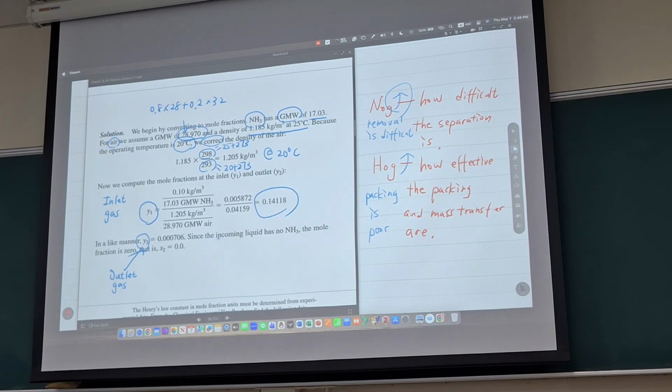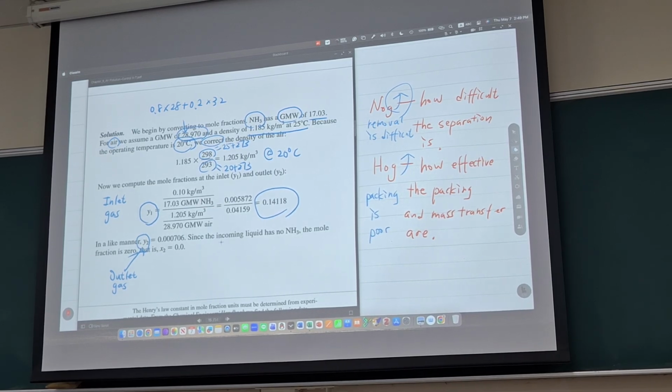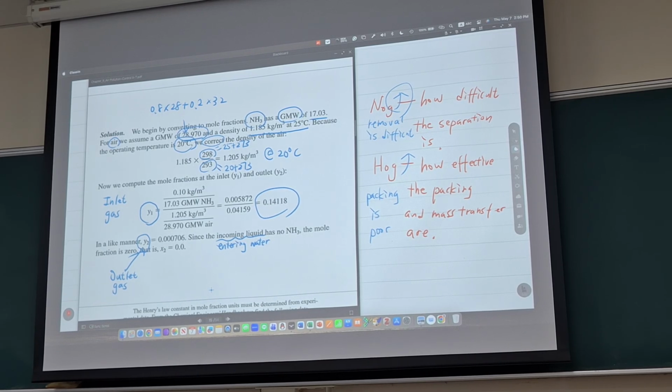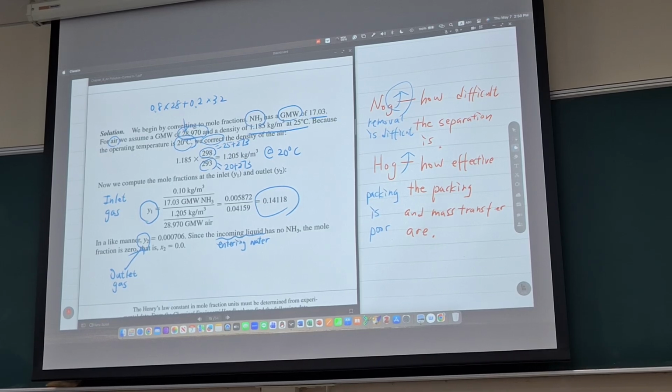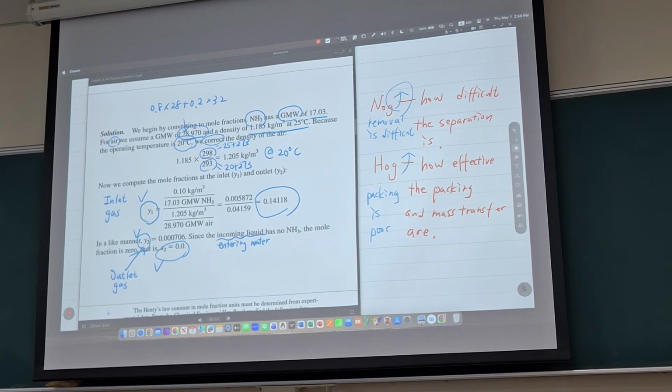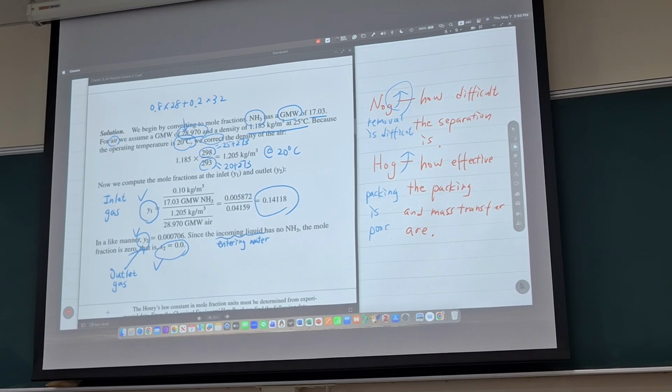Because the incoming liquid, the entering water, contains no ammonia, X2 is 0. So you need Y1, Y2, and X2.